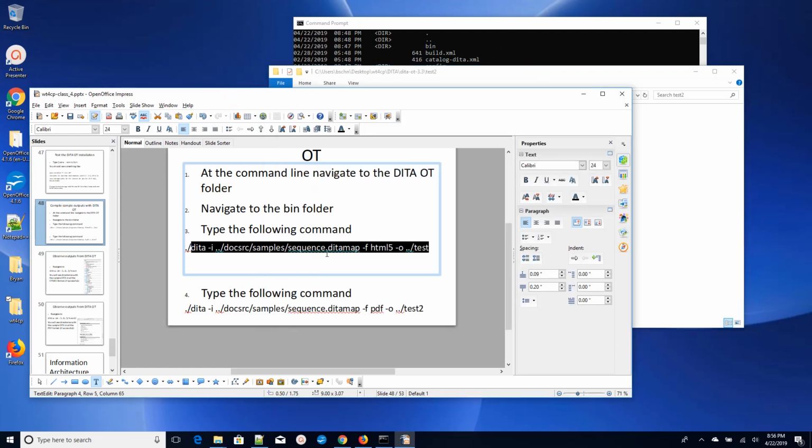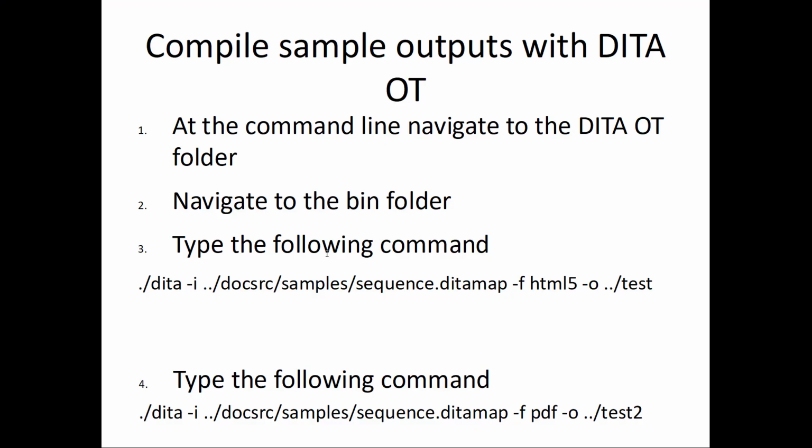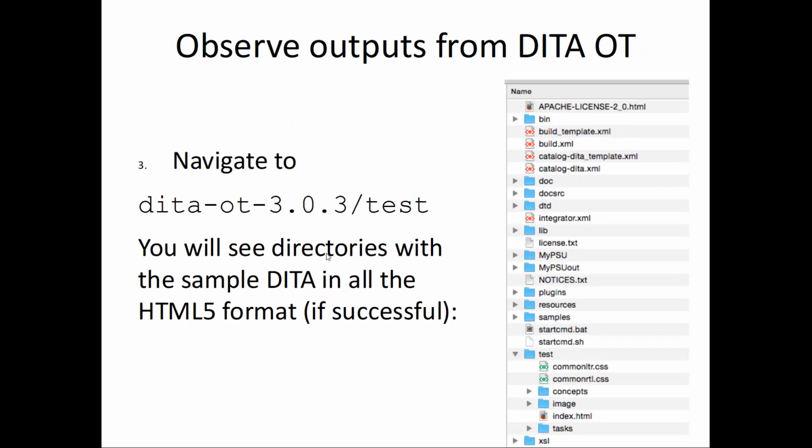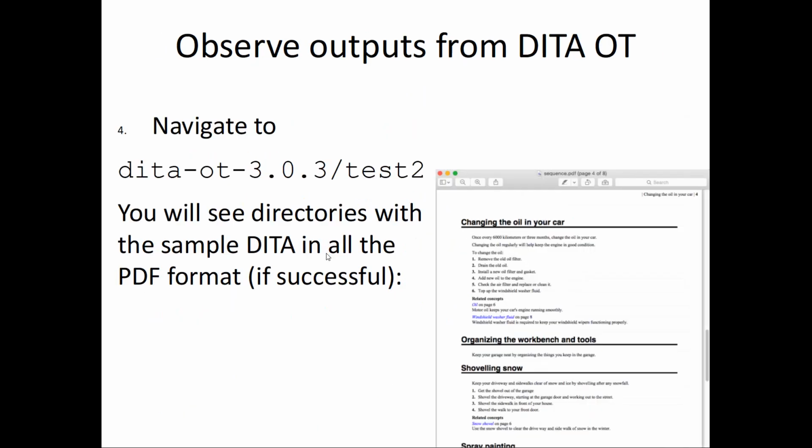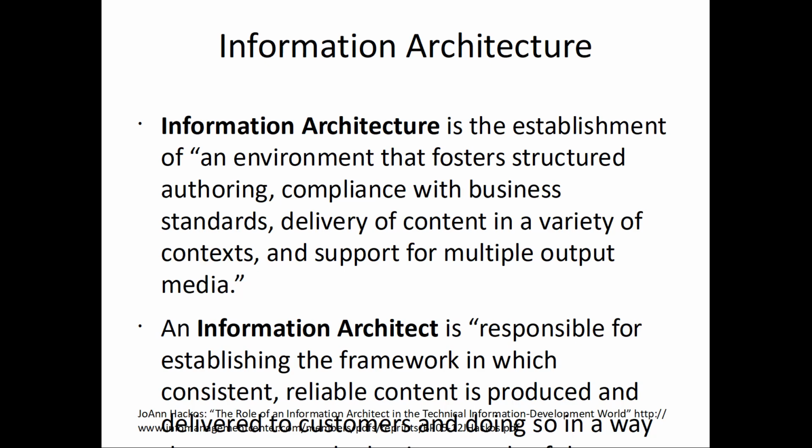Let's go back into our presentation mode here. We've observed the HTML files, and we've observed the PDF file. Now we'll talk about information architecture. Information architecture is the establishment of an environment that fosters structured authoring, compliance with business standards, delivery of content in a variety of contexts, and support of multiple output media.